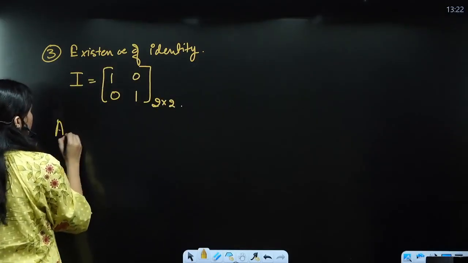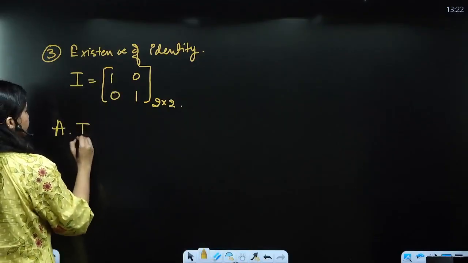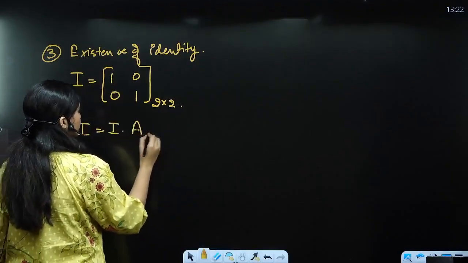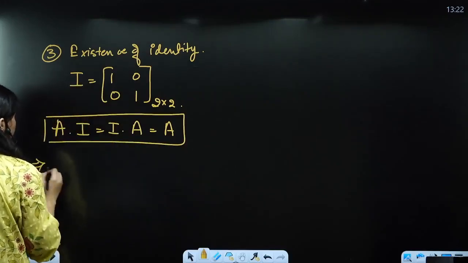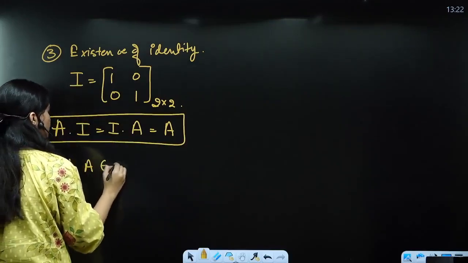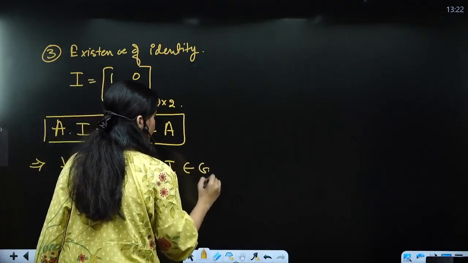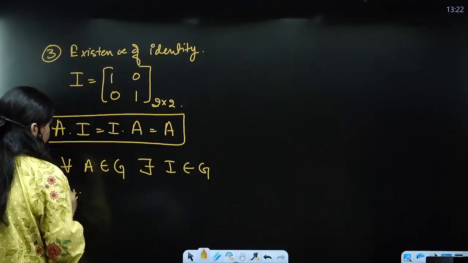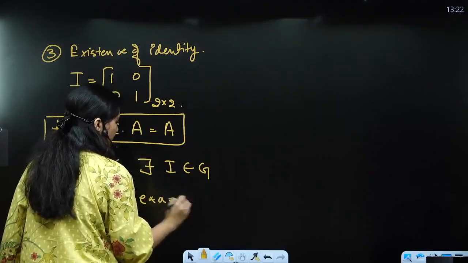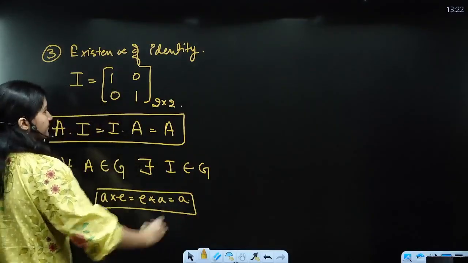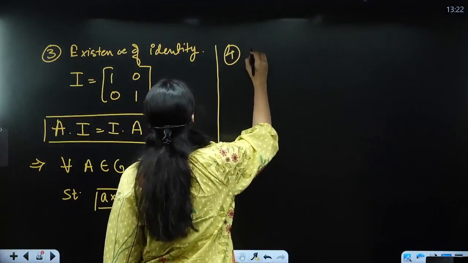So A dot I equals I dot A equals A. This implies that for all A belongs to G, there exists I belongs to G such that A operation E equals E operation A, right?